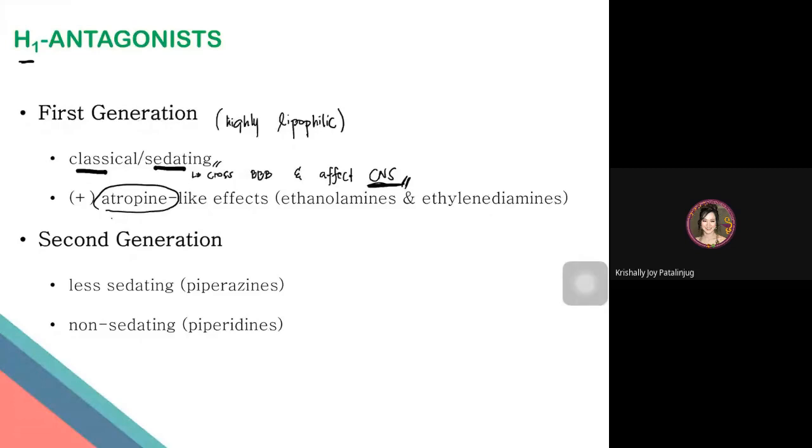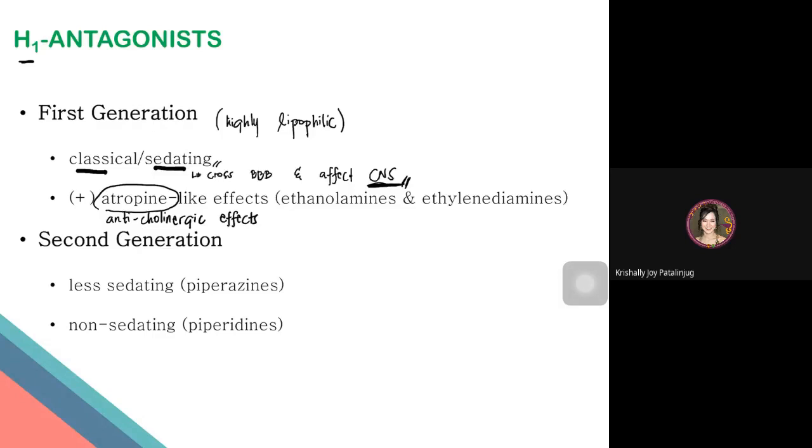That is why, in some other references, first generation H1 blocker, they have that anticholinergic effects. They manifest the same effects ng mga anticholinergic drugs. Example, si atropine. Kaya nga tinawag atropine-like, parehas ng effect kapag ginamit yung atropine.